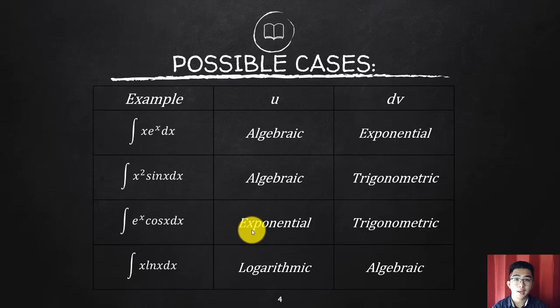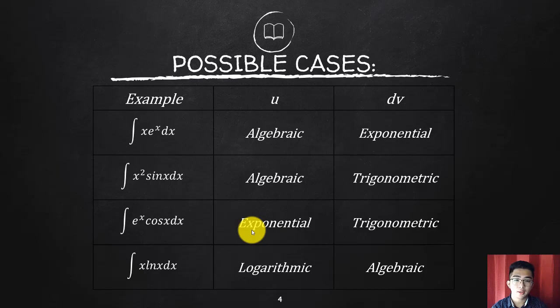Transcendental functions are functions that contain exponential, logarithmic, trigonometric, or inverse trigonometric functions. In our previous examples, although some functions were mixed with other functions, those examples could be solved easily by the basic integration formulas.